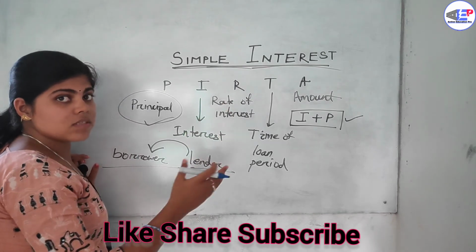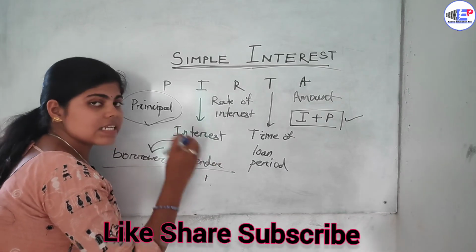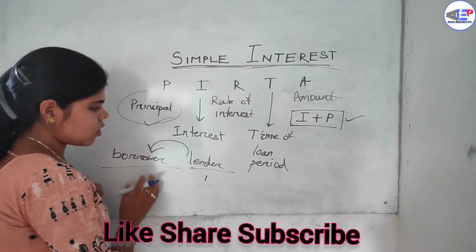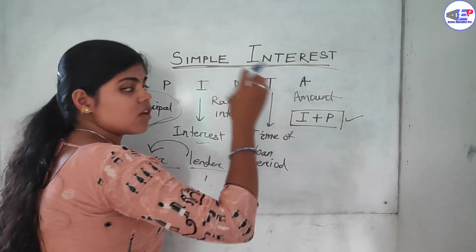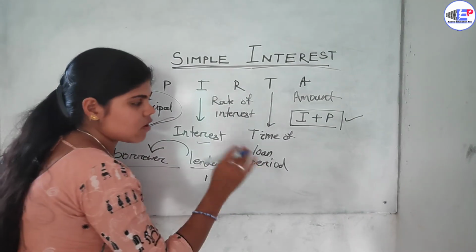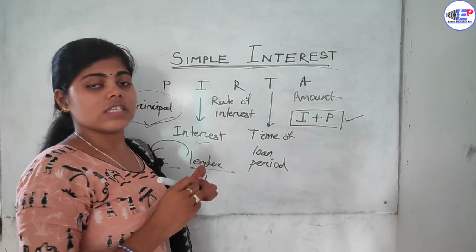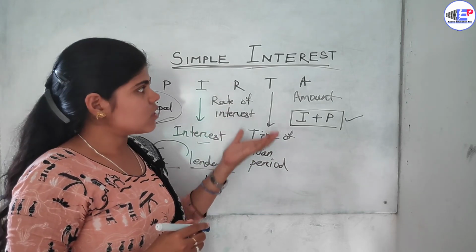And amount means the total amount the borrower has to pay to the lender after completing the time of loan period, the extra money with the principal value. So these are all the factors or terms related to simple interest.